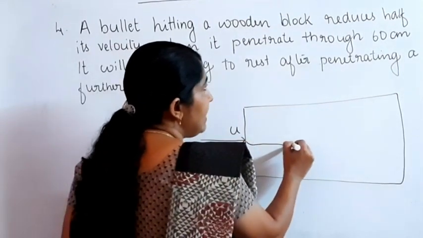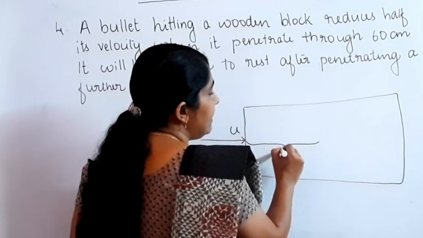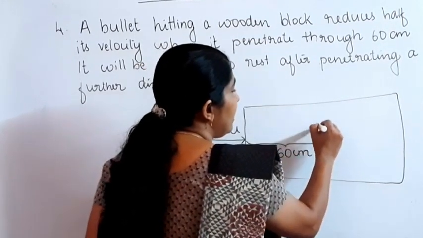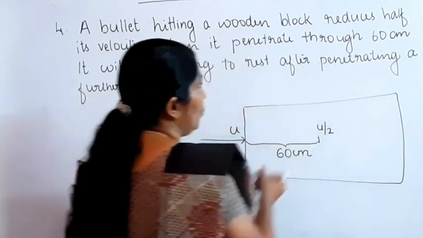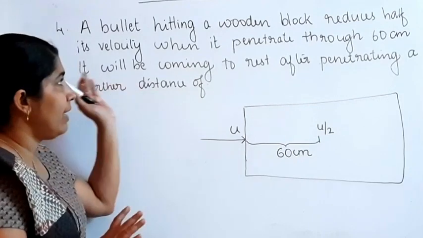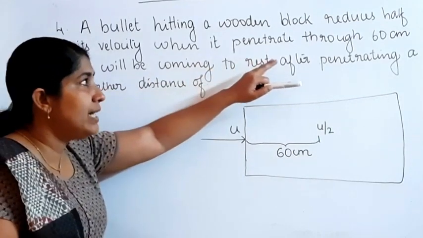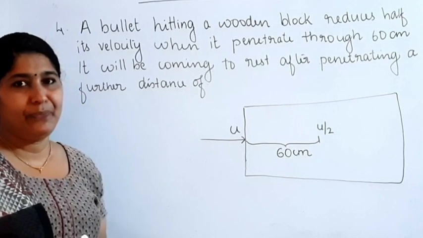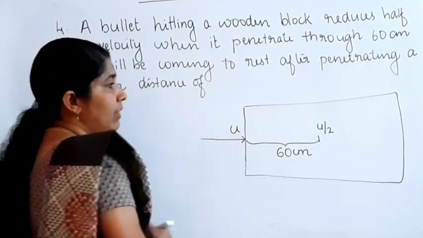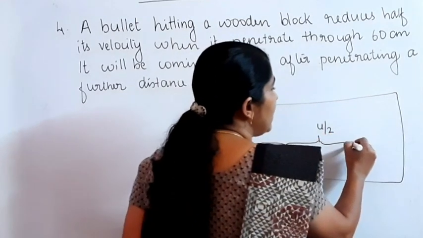After penetrating a distance of 60 centimeter, its velocity reduces to u by 2. It will be coming to rest, the velocity of the bullet becomes equal to 0.